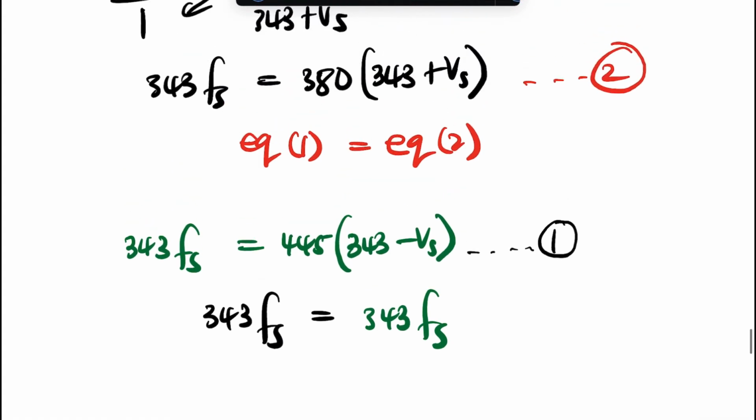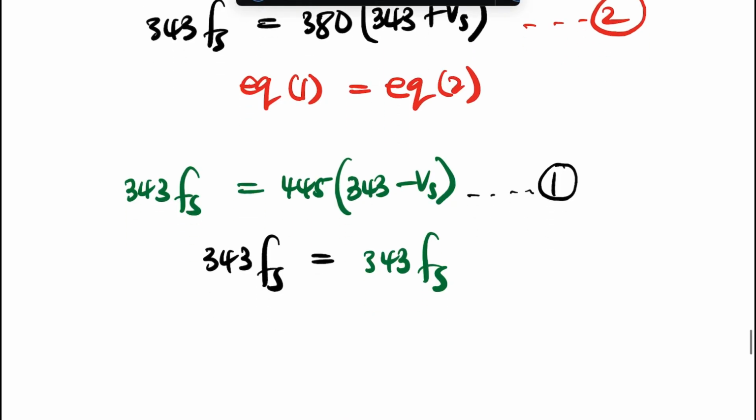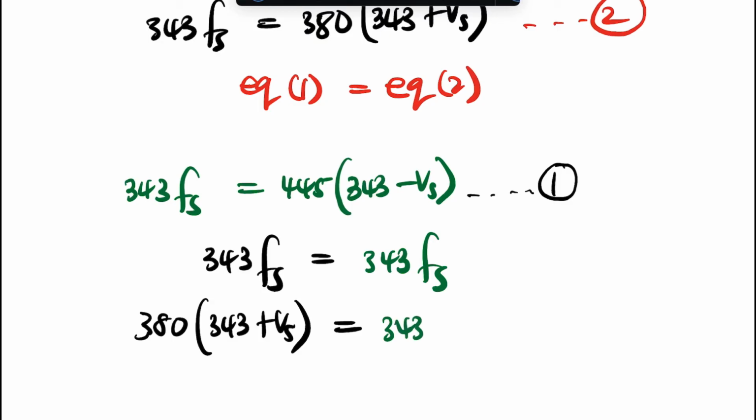So I'll start with the black 3, which is this one. So I'll say 380 open bracket 343 plus Vs close bracket equal to this 343, the one that I copied from the top. So it's equal to this.